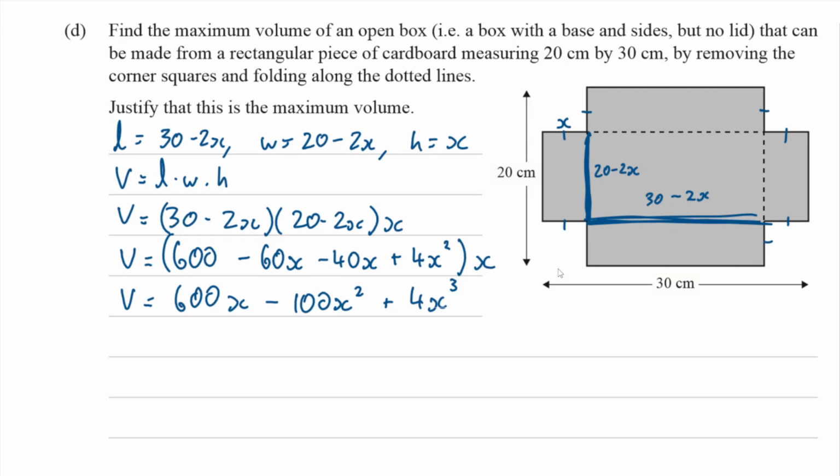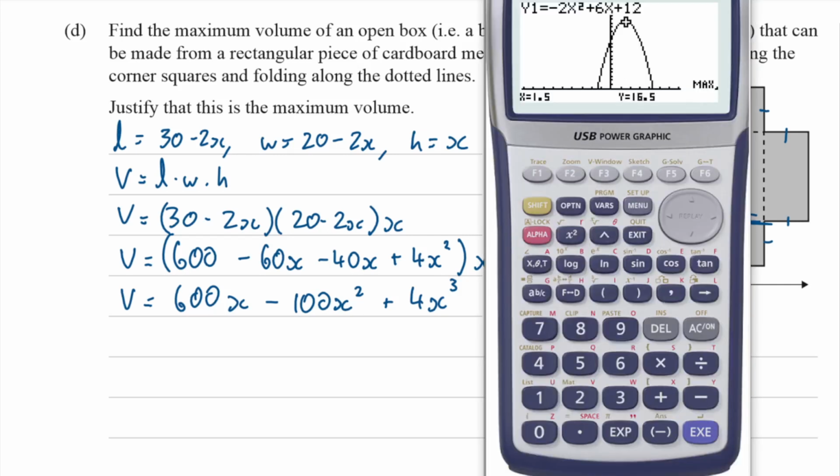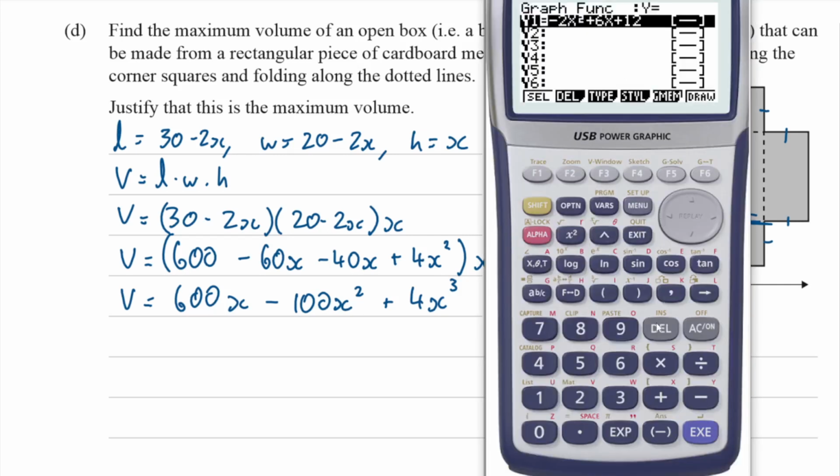So if we're trying to maximize this, let's just think graphically for a second. So if we were to graph our equation for volume, 600x minus 100x squared plus 4x cubed.